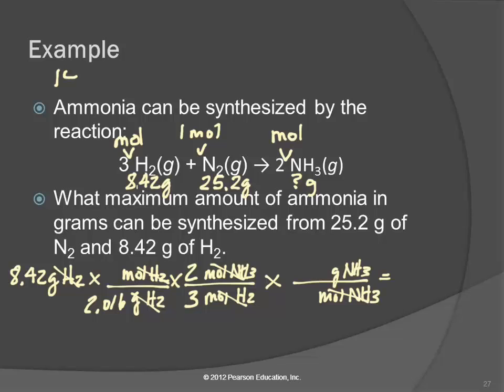Nitrogen is 14.01 and 3 hydrogens. And that comes out to be 17.034. I'm a little afraid that I remember that, but that is not a 2. That's a 7. That's better.